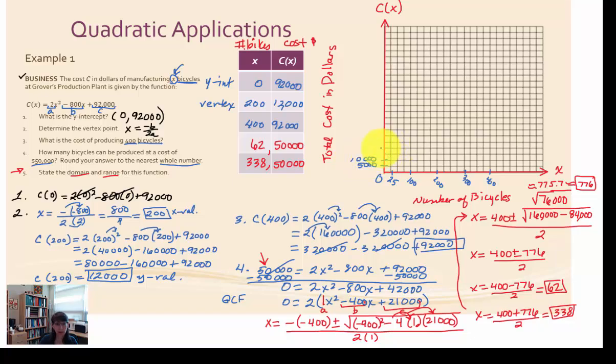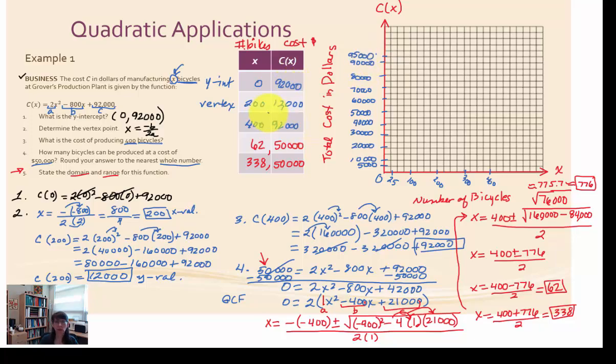So now I can skip every 2. There's 20,000, 30,000. So I'll number all the way up just past 92,000. The line just past 90,000 would be 5,000 more, so that would be 95,000. And that's high enough. We only need to go to 92,000.